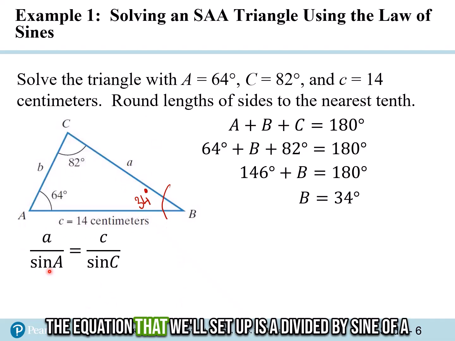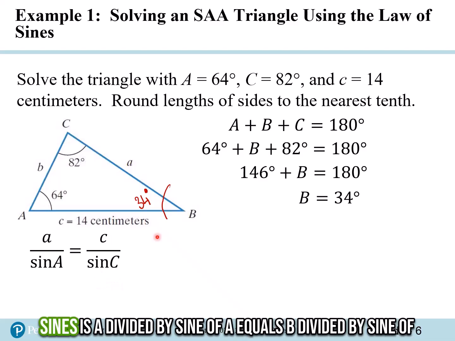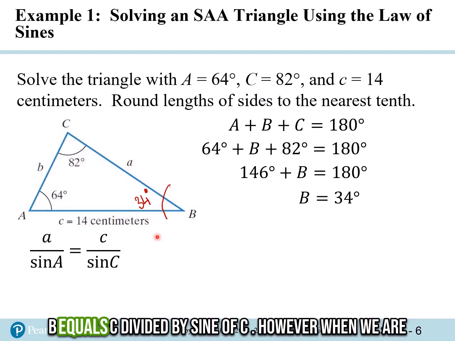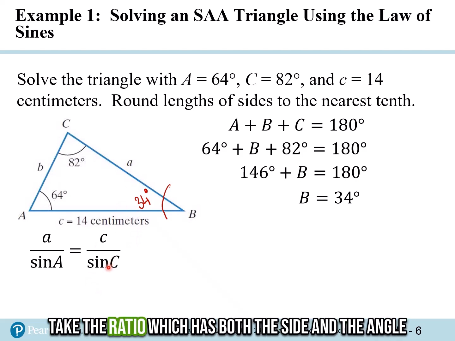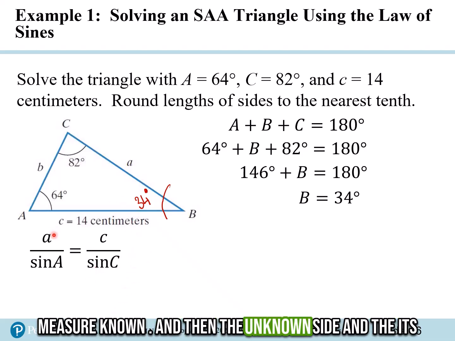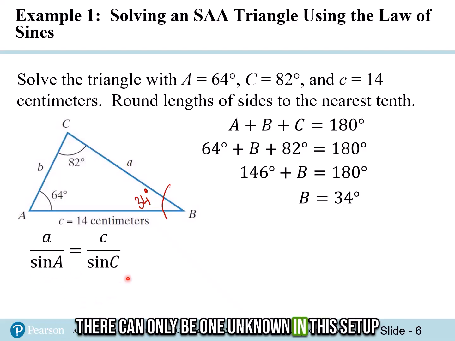Therefore, the equation that we'll set up is a divided by sine of A equals c divided by sine of C. Recall that the law of sines is a divided by sine of A equals b divided by sine of B equals c divided by sine of C. However, when we are working on finding the measure of one side, just take the ratio which has both the side and the angle measure known, and then the unknown side and its corresponding angle, which must be known. There can only be one unknown in this setup.